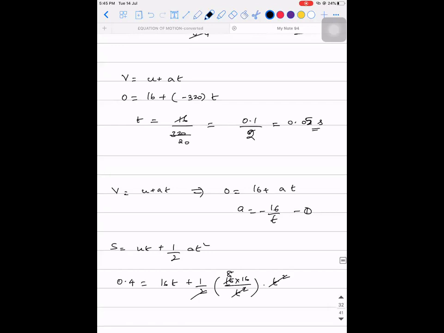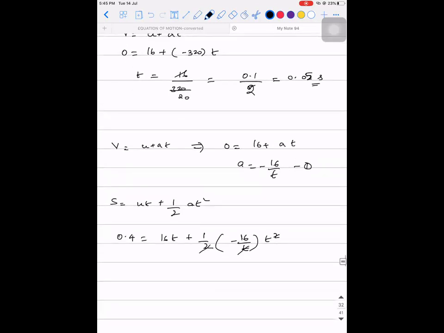So half into acceleration, minus 16 by t, into t square. So this and this will get cancelled. This is 8. So 16t minus 8t is 8t is equal to 0.4. So t is equal to 1 divided by 20. Yeah, this is also right. Okay, good. So there is an alternate way.